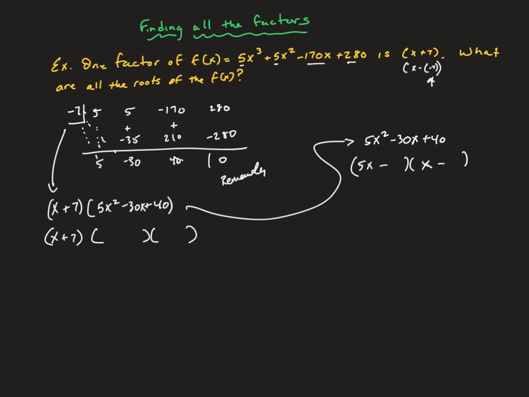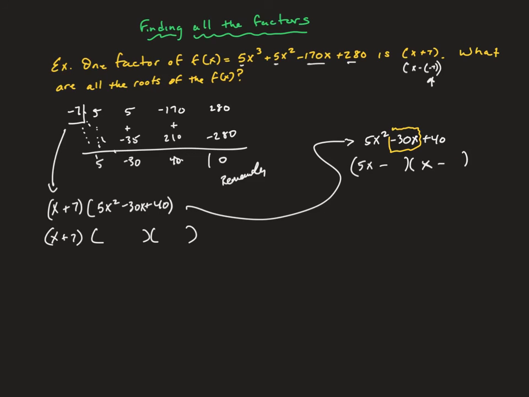So let's see here. How about 2 and 20? Because when I multiply those, I get 40. But when I do my combinations, this would be 2x, and the outer one would be negative 100x, which isn't what I'm looking for. I'm looking for numbers that will combine and give me this. But I thought about it as I was plugging those values in, and I'm going to reverse that 2 and 20.